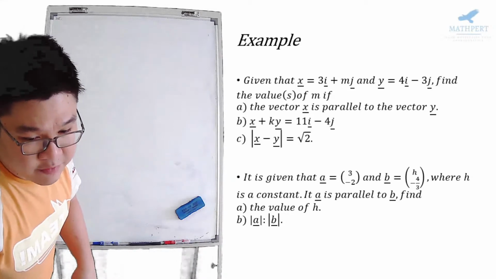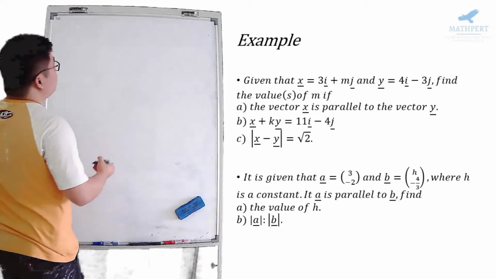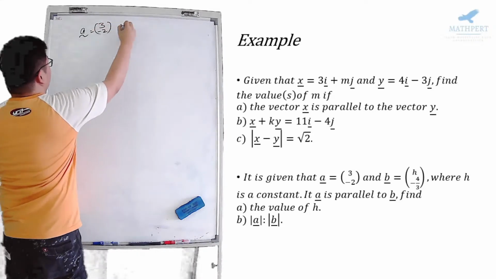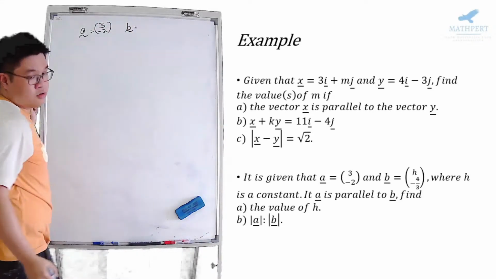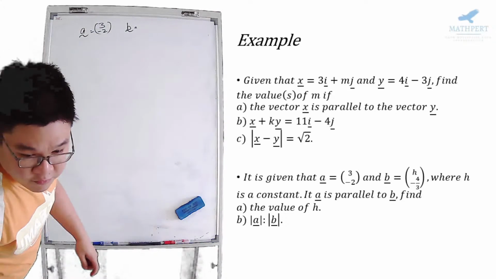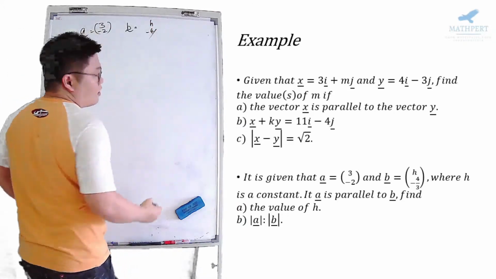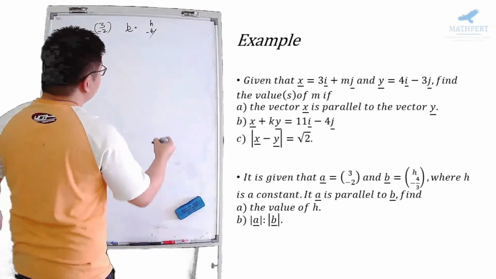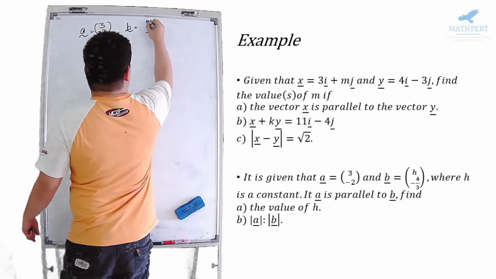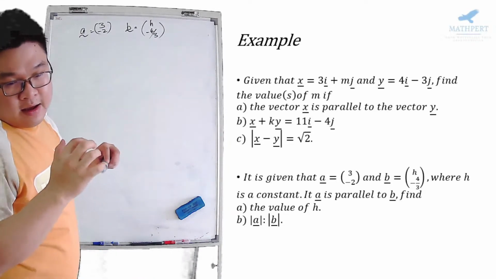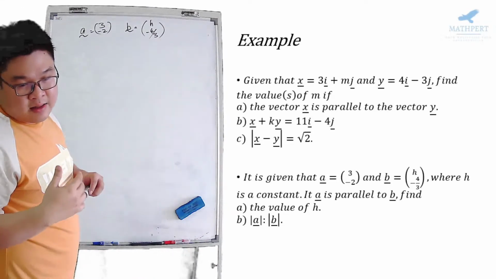Okay? It is given that A is equal to 3i negative 2j. B is equal to hi and negative 4 over 3 j, where h is a constant. If A is parallel to B, find the value of h.